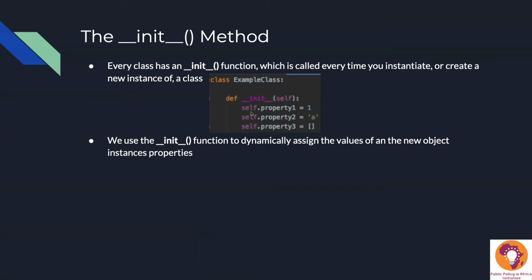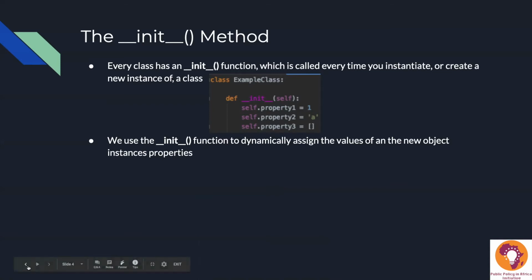And then inside of this init function, just like with the previous class, I'm setting property 1 equal to 1, property 2 equal to A, and property 3 equal to an empty list. This will essentially create the same type of object as I was creating on the previous slide. If I did another example class object, it would have the same exact properties.